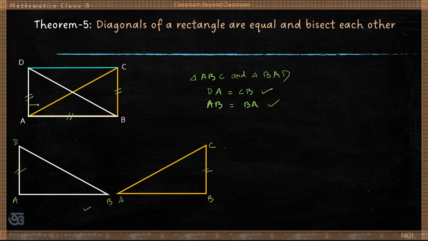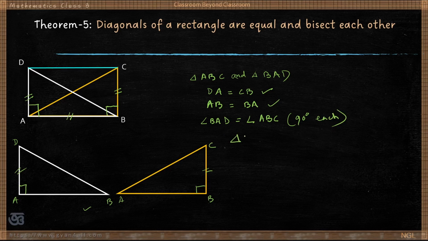Then this angle is 90 degrees and this angle is 90 degrees, because it is a rectangle, and in a rectangle all angles are 90 degrees. So you can write angle BAD is equal to angle ABC, 90 degrees each.